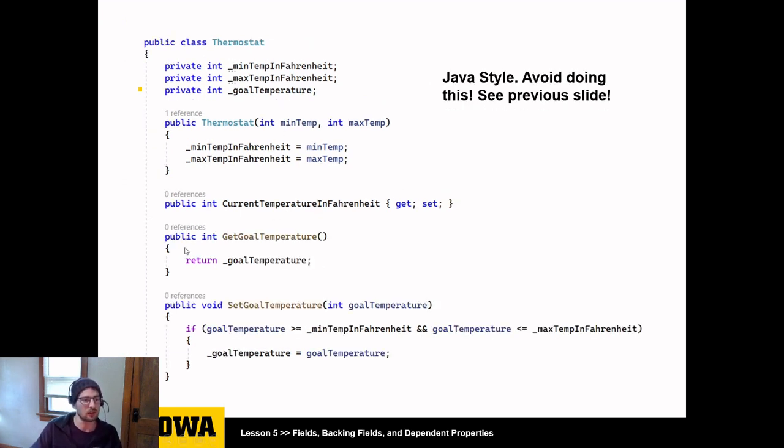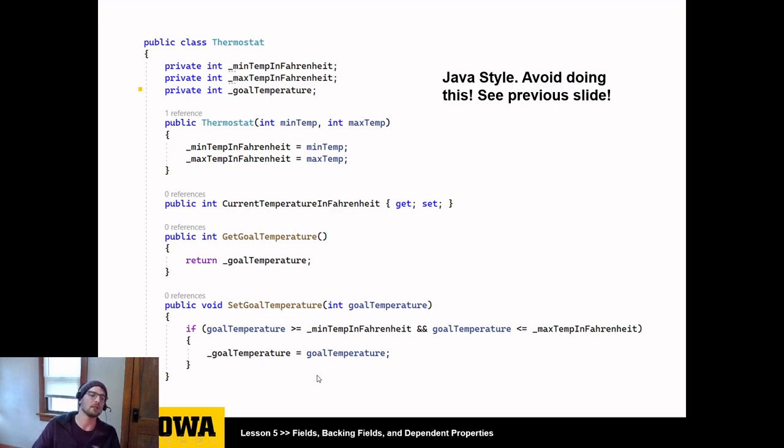And in Java, you write the method yourself. So you have private fields, and you have the public method that returns the value of the private field. Or you have private fields, and you have a public set method or a setter method that takes in a value, and then, if necessary, performs additional checks on that value, and then eventually sets the backing field.